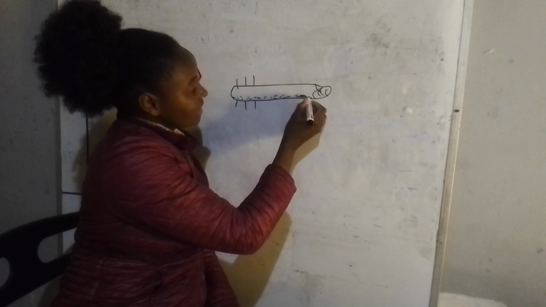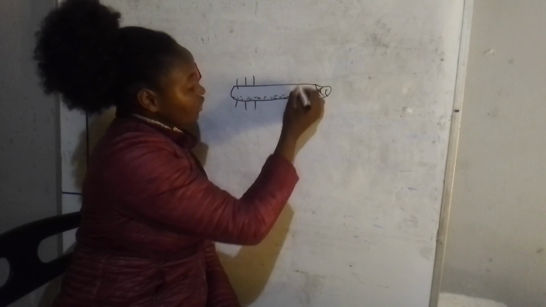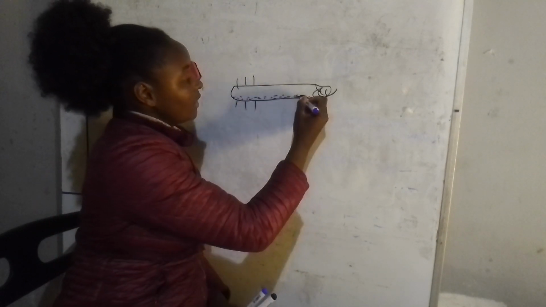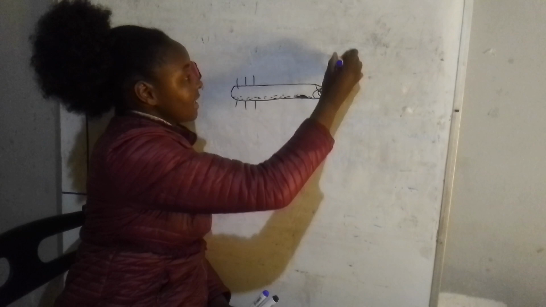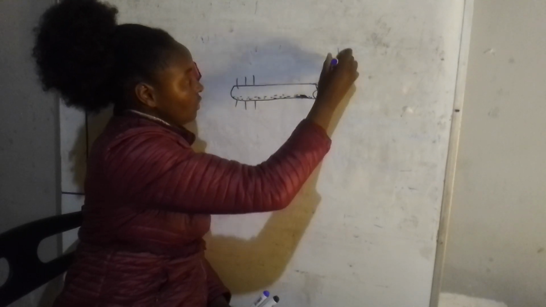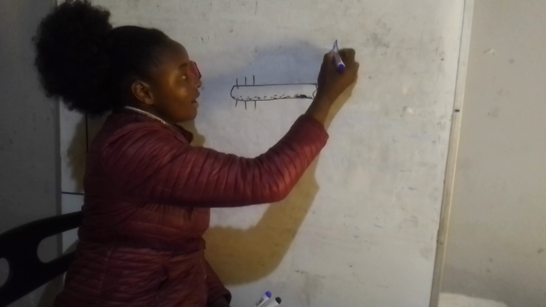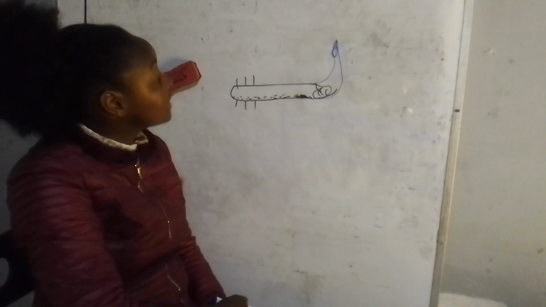As this section starts growing, the top is not growing, so it's going to end up bending. It will bend. When it bends now, it's going to face upwards like that. It's going to grow upwards, and then we'll have our shoot there.